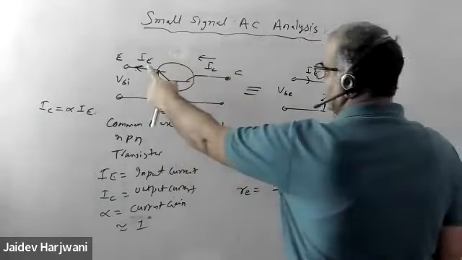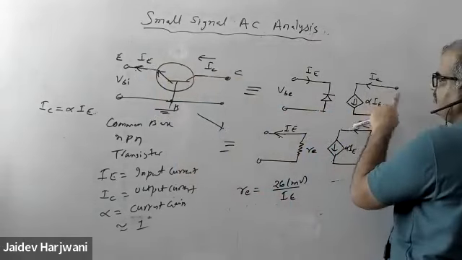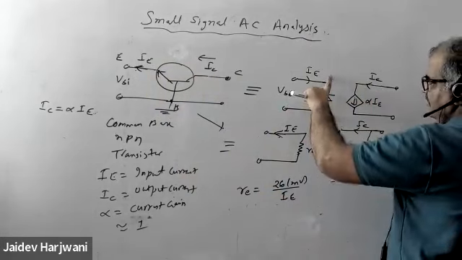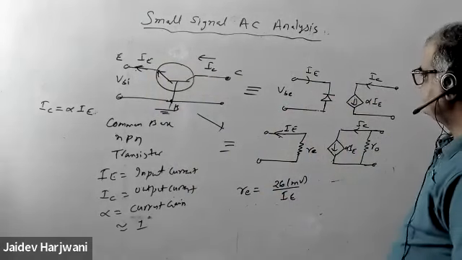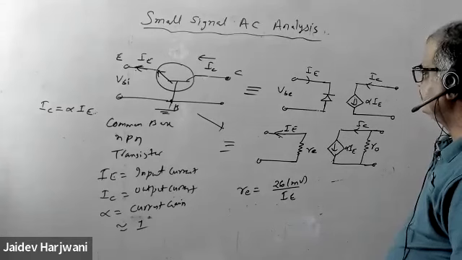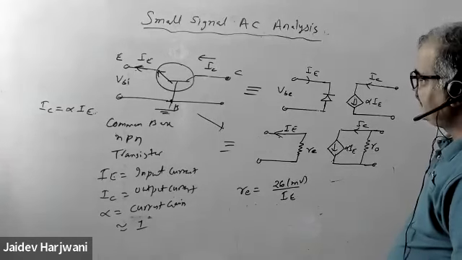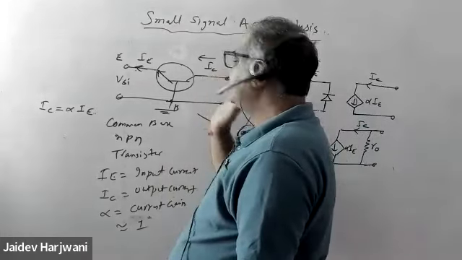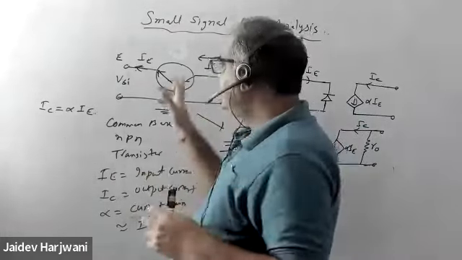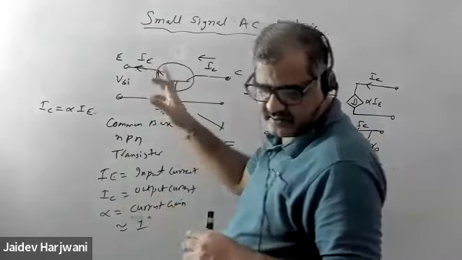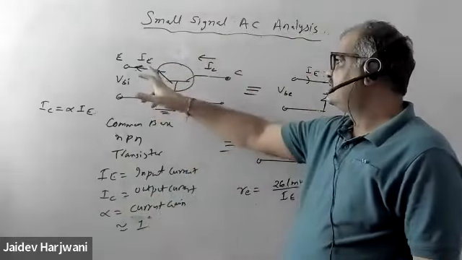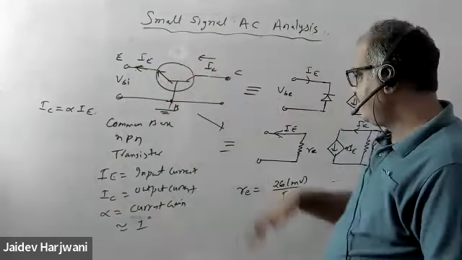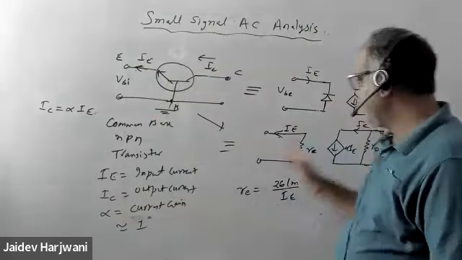So I have taken multiplication of this current, alpha IE is the current. In the output there is also a diode, meaning between base and collector. Yes, but we have to make an equivalent model. We basically need IC. IC is basically dependent on this one. So once we know IE, we don't need anything else to calculate it, we can simply multiply by alpha IE. That's why we're not putting a transistor here.